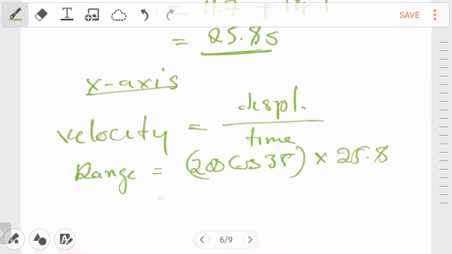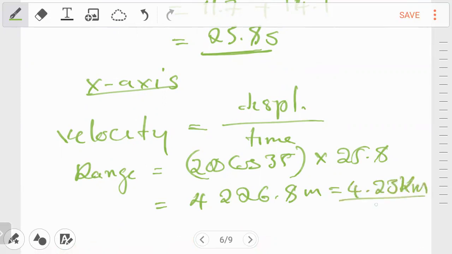If you multiply these two, what you get is going to be 4226.8 meters, which can be written as 4.23 kilometers. So this is the horizontal distance that the object covers as it moves from that point to the lower point. Okay, I hope you guys were able to keep track of this.